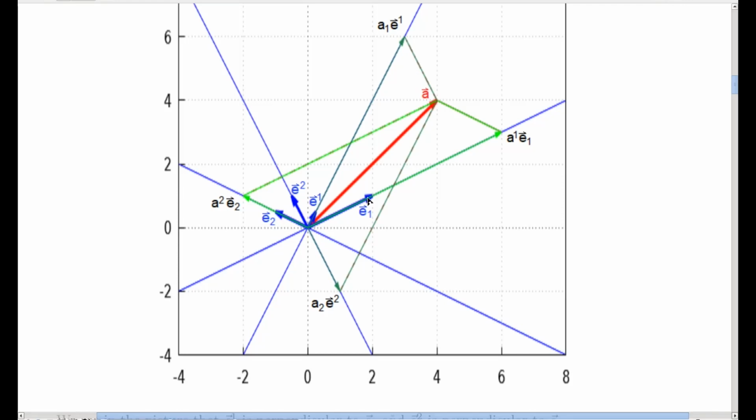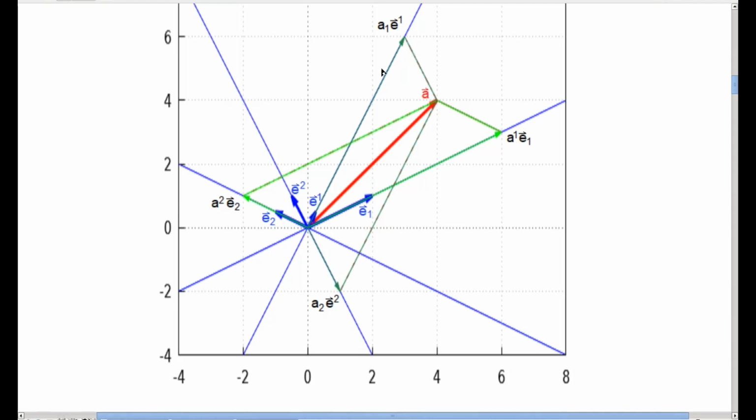Now we can draw two parallelograms into the diagram. We have here the light green parallelogram, that is a parallelogram with the covariant basis vectors. The red one is vector A. And the dark green parallelogram is set with the contravariant basis vectors, that means this one here.